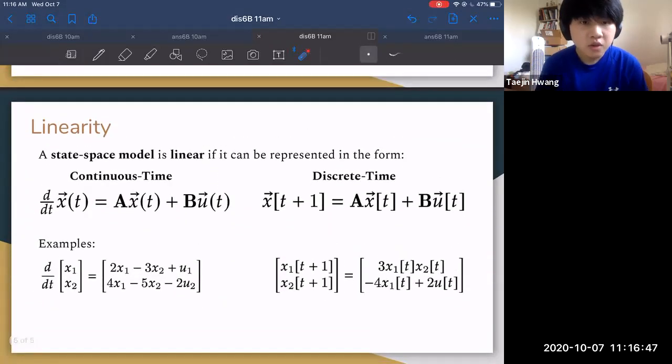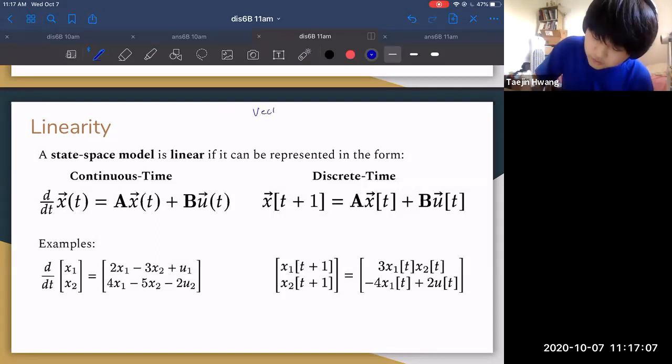So we say a state space model is linear if it can be represented in this form of AX plus BU, where A and B are matrices. Hopefully this form is quite familiar from our vector differential equations where we continually wrote out dx/dt equal to AX.